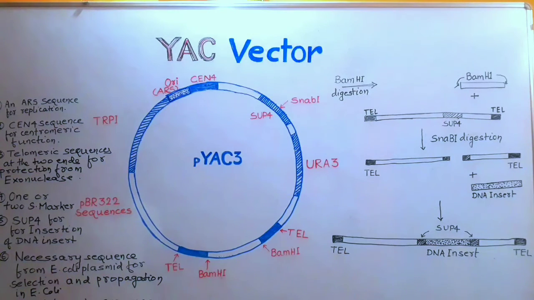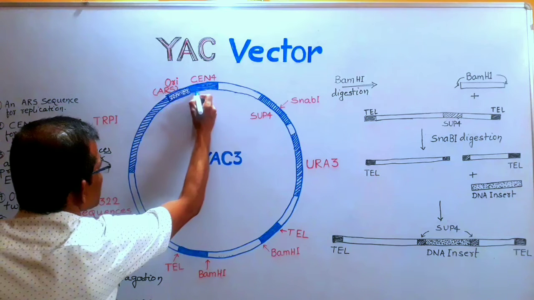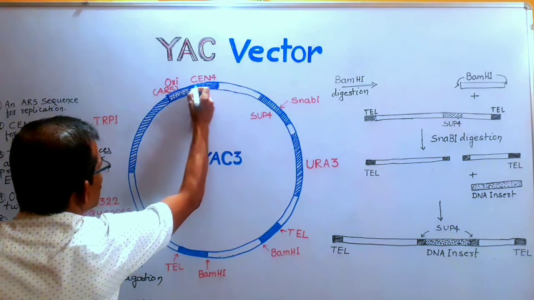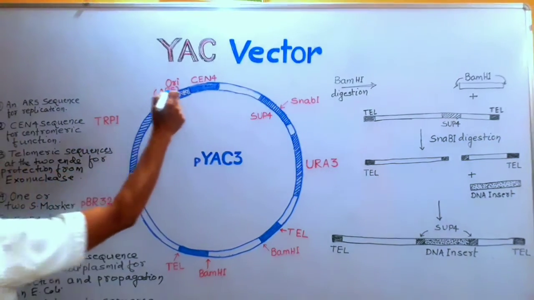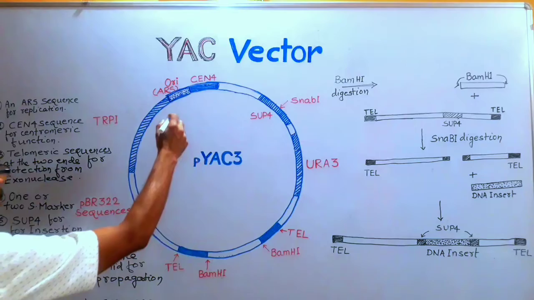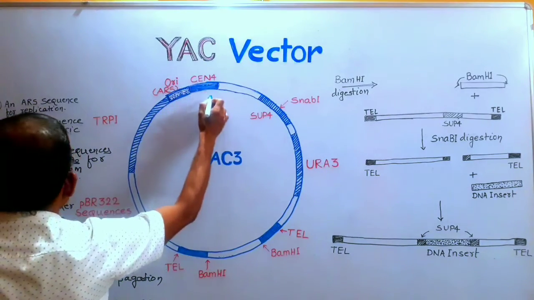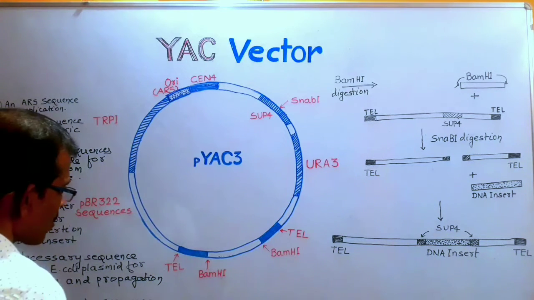Second functional module is CEN4 sequence. This is the CEN4 sequence. CEN4 sequence is meant for centromeric function. This yeast artificial chromosome also contains telomeric sequence.